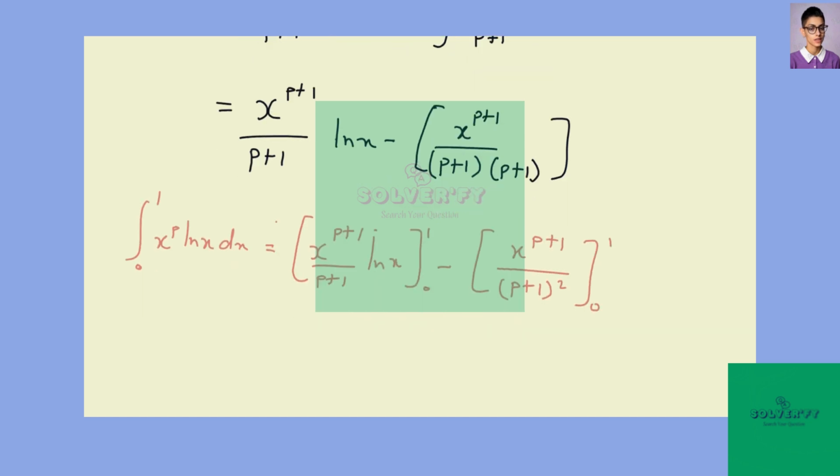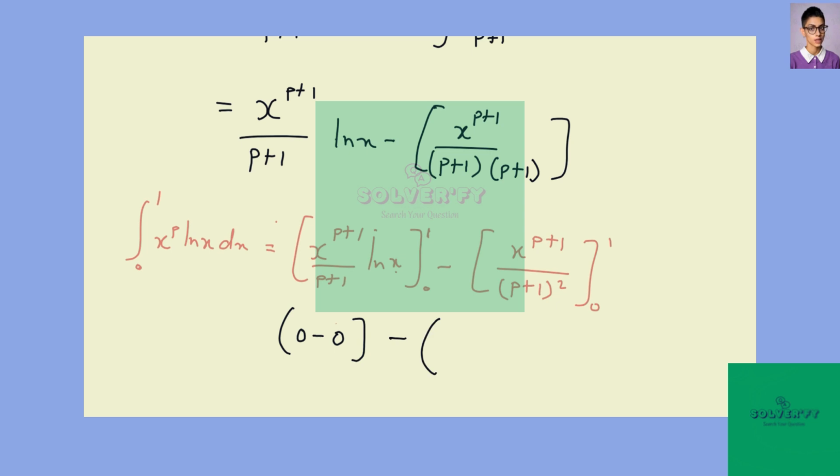So at this point, if we put 1 in the first part, we have ln 1, which equals 0, and that goes to 0. And if you put in 0, we have 0 to the power p plus 1, so the whole thing also goes to 0. So this side is actually 0 minus 0. Then minus this part.